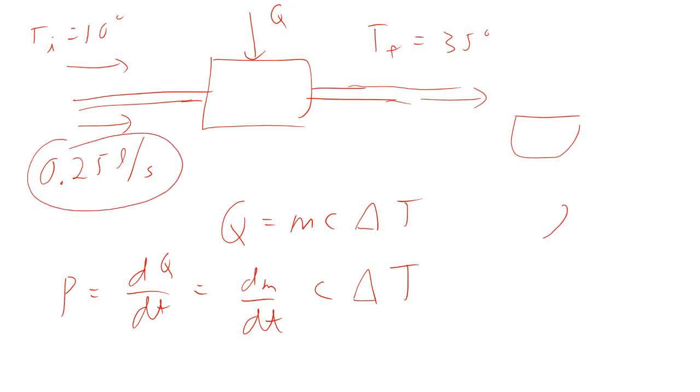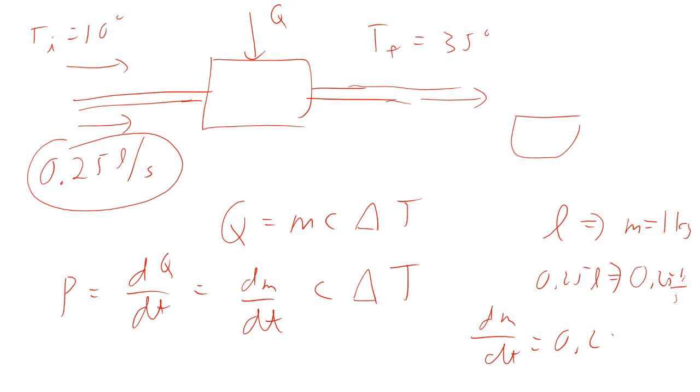We know that 1 liter has a mass of 1 kilogram, so 0.25 liters is going to have a mass of 0.25 kilograms. So dm/dt is going to be 0.25 kilograms per second.